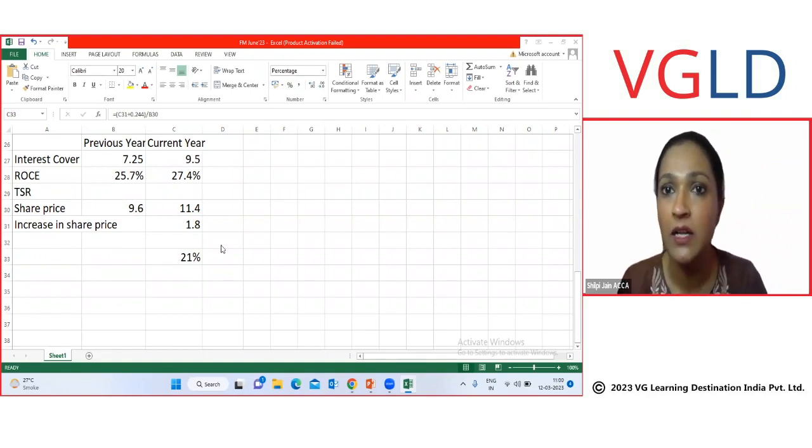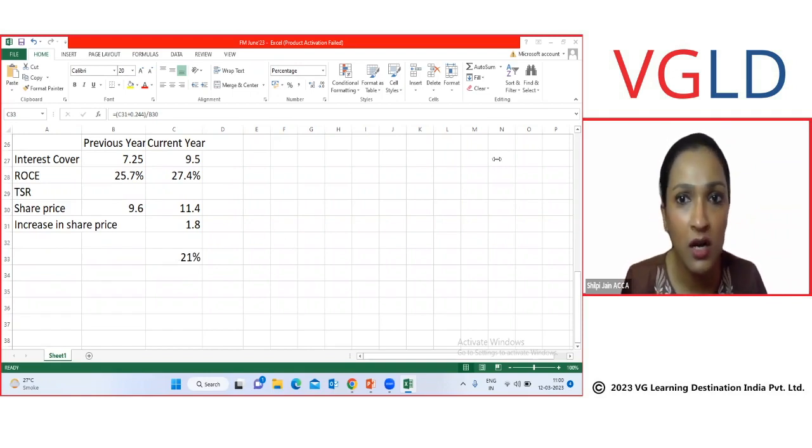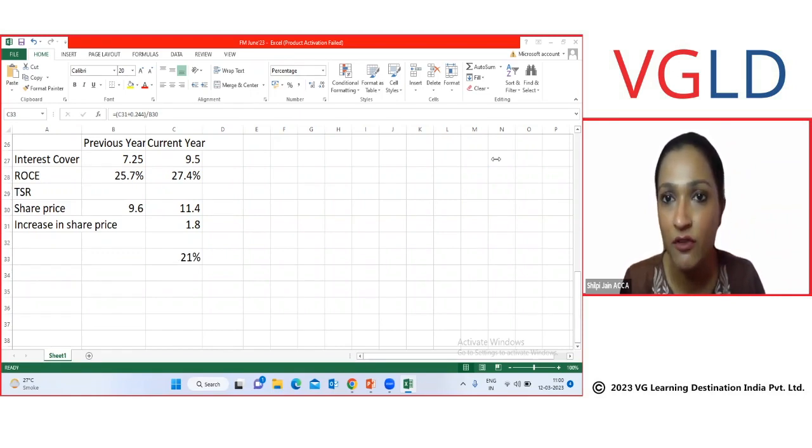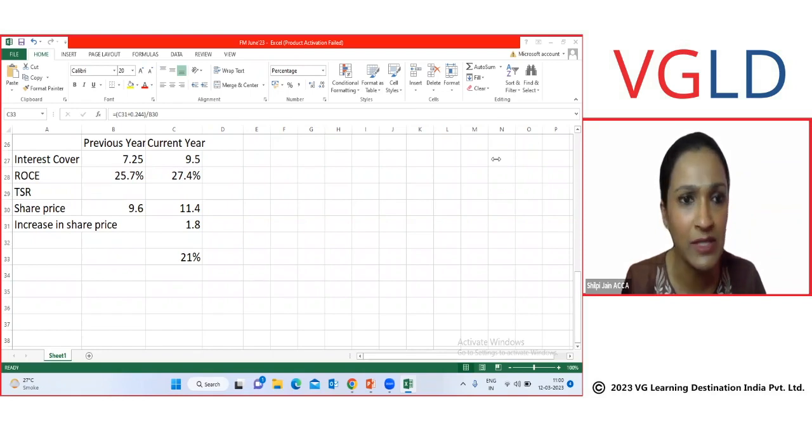That's wonderful, Palak. Vinaya has also got that right. Gograj has got ROCE right as well. Wonderful. Let me just check the others. ROCE for the previous year is also correct. Gograj, well done. 25.66, 27.38.